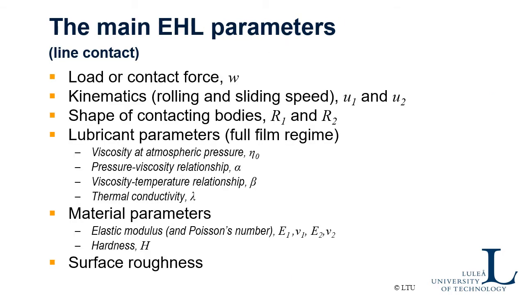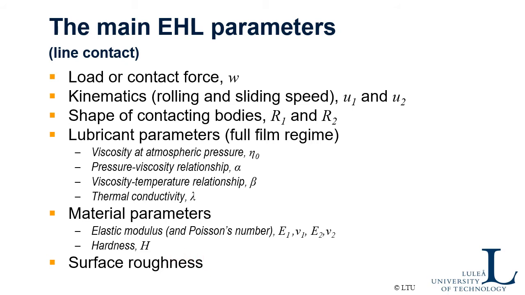And so, to summarize, for an EHL contact like this, you need a load, you need the speeds of the surfaces, you need the radius of the two cylinders, you need the viscosity and the alpha, you need the elastic properties, Young's modulus and Poisson number, and in order to compute the film parameter, the lambda number, you need the surface roughness.